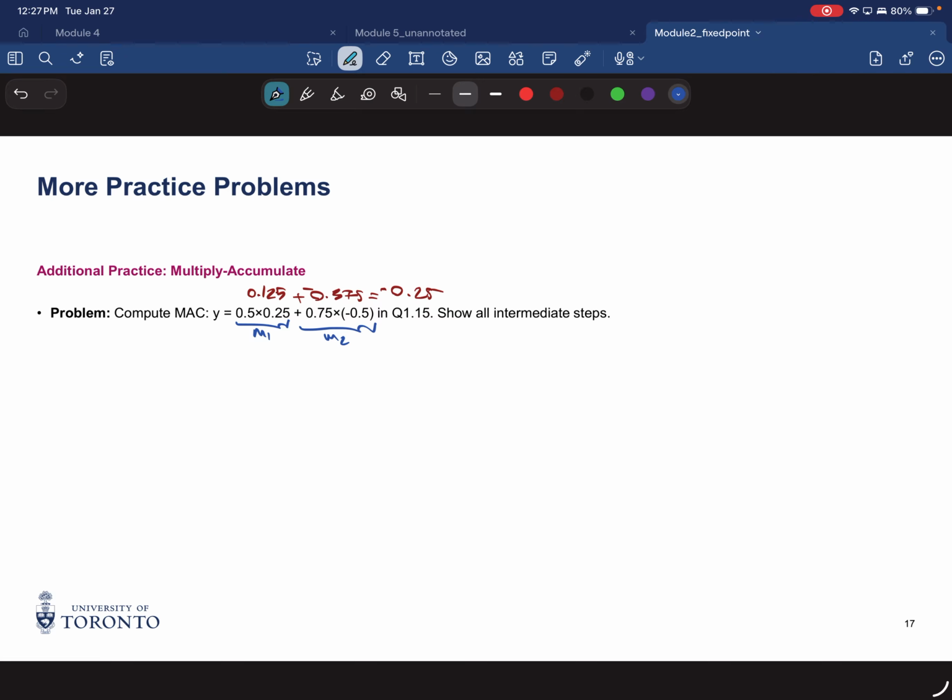Okay, so now let's go to 0.5. We're going to decompose M1. This is 0.5, and this is 0.25. And we are showing this in Q1.15. Can somebody tell me in binary what would that be? What is the first bit?